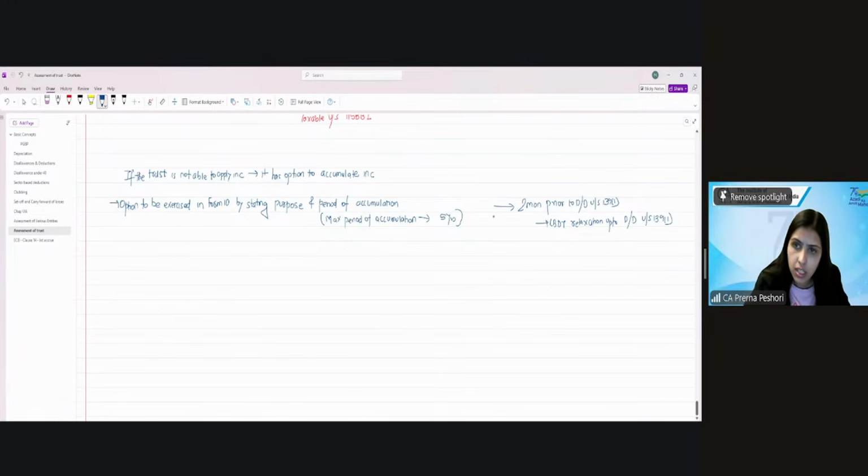Plus, the accumulated amount is to be invested in the modes specified under section 11(5). And next, the return of income needs to be filed under section 139(1). Are we clear?